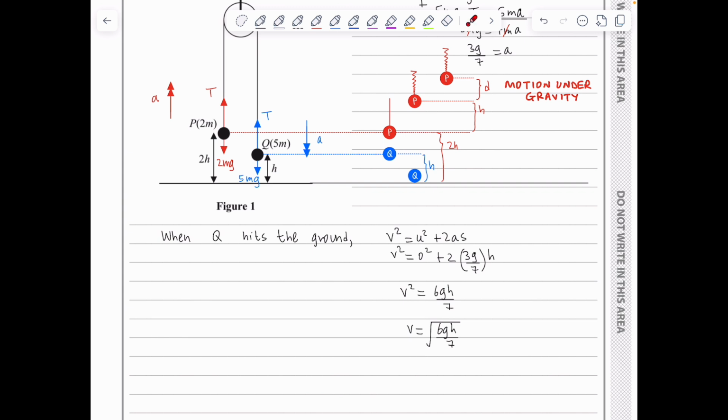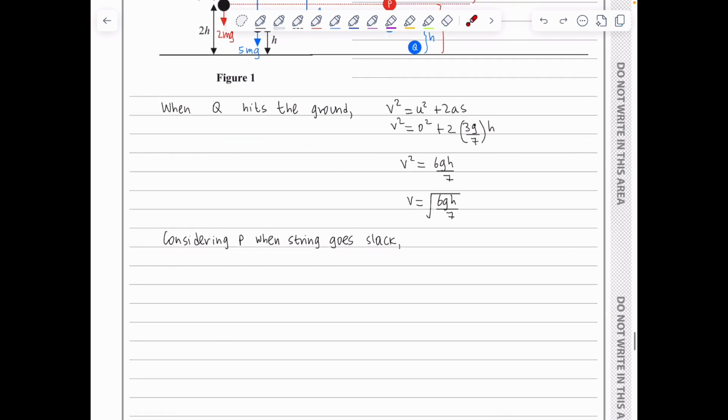Now we'll proceed by considering P when the string goes slack, and the initial velocity of P is exactly the speed we found for Q when it hits the ground. So we've got that u is equal to the square root of 6gh over 7. We've got that the distance covered is d. We've got that the acceleration is negative g. We know that at the maximum point v will be 0, so we will be using suvat again to find the distance d.